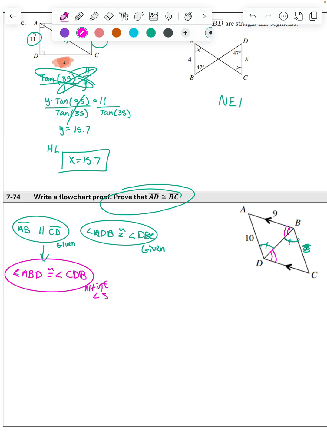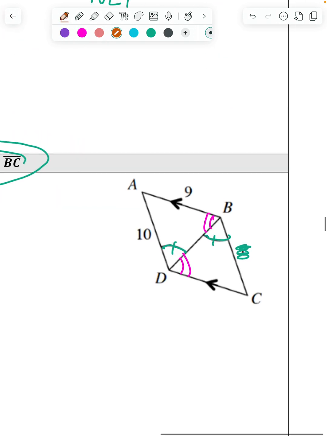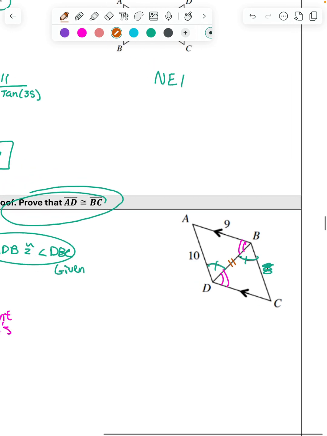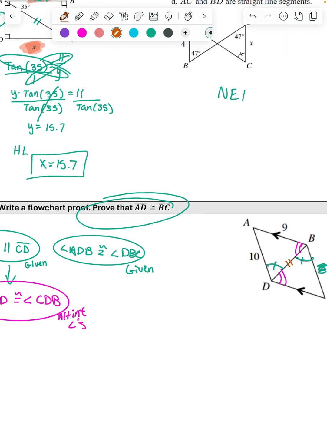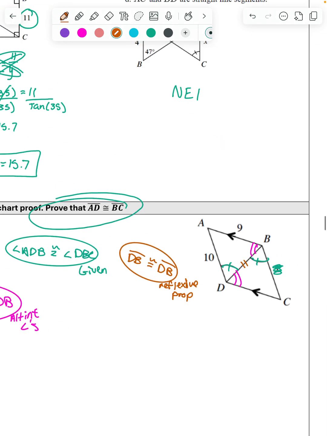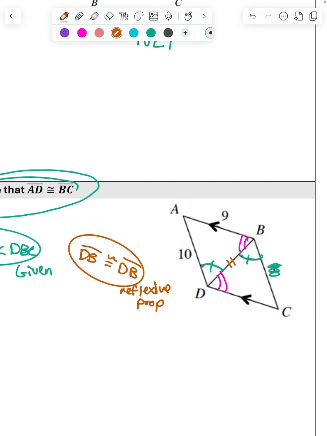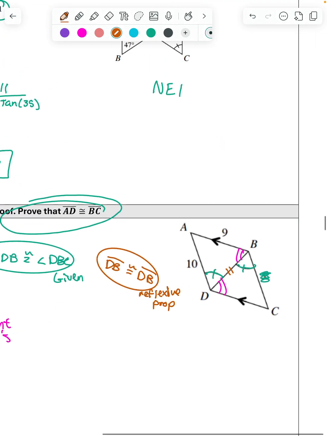So I've got one set of angles that are congruent in the pink, another set of angles that are congruent in the green, and I have a shared side there due to the reflexive property. So I'm going to say DB is congruent to DB because of the reflexive property. And lo and behold, I have a case of angle-side-angle congruency.